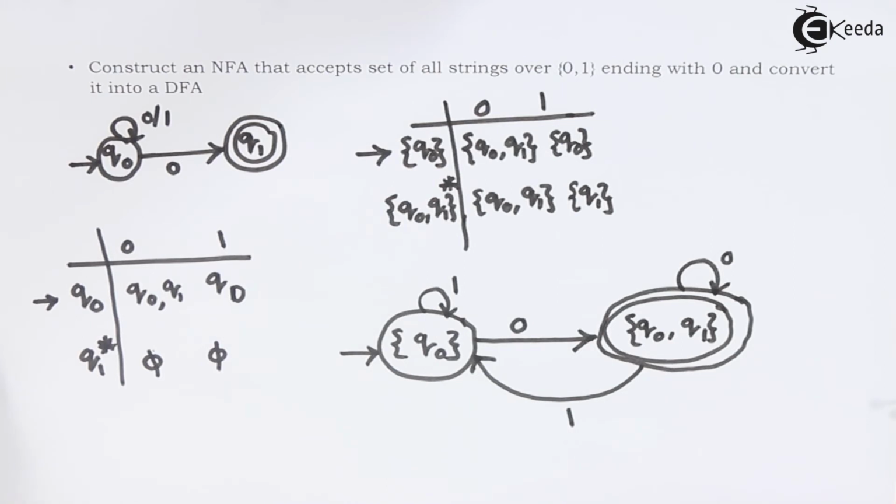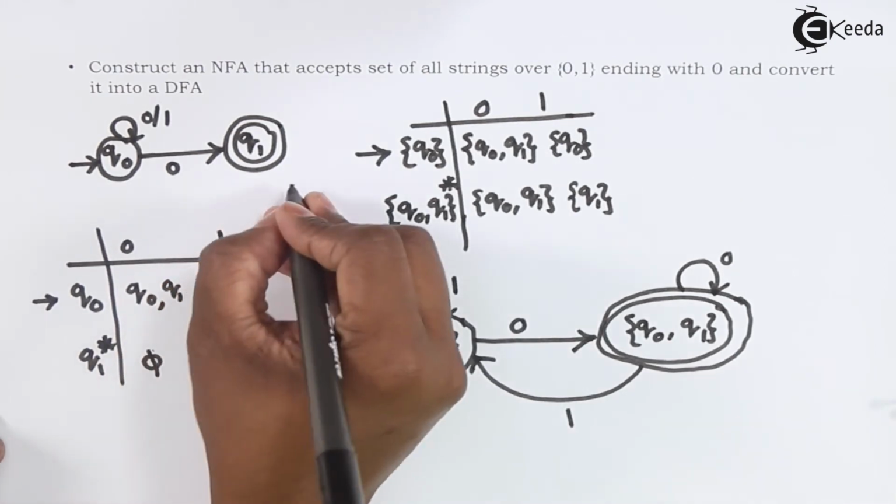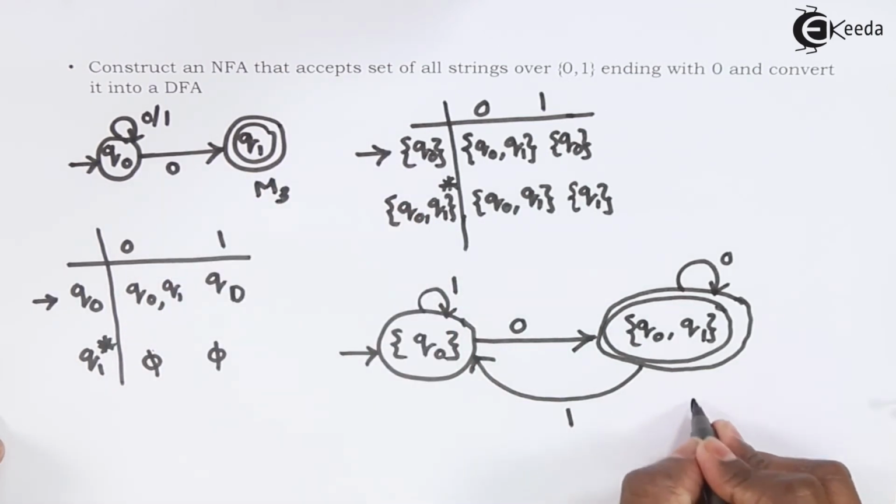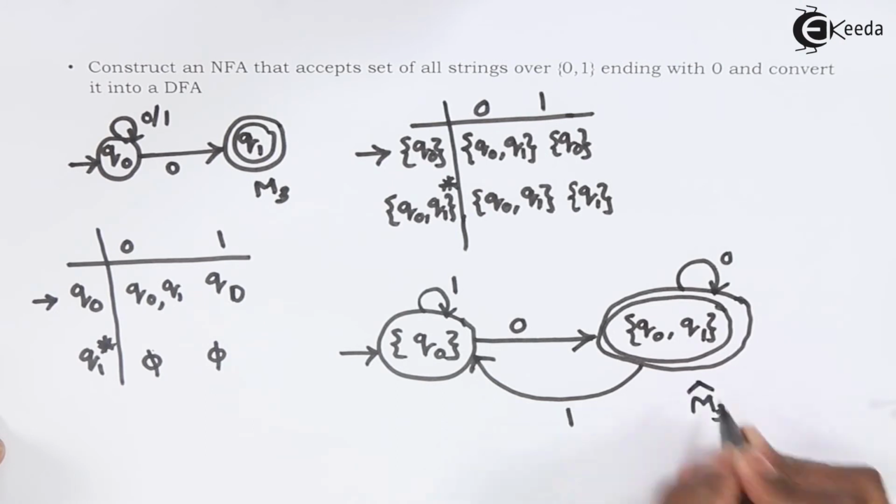Let us see the mathematical terminologies of these automata. Let us name this machine M3 and this machine M3 cap.